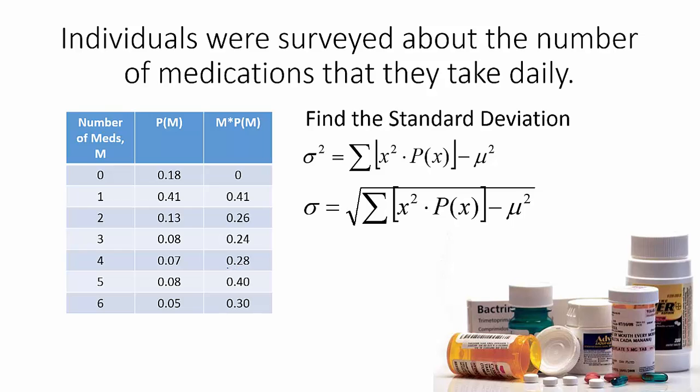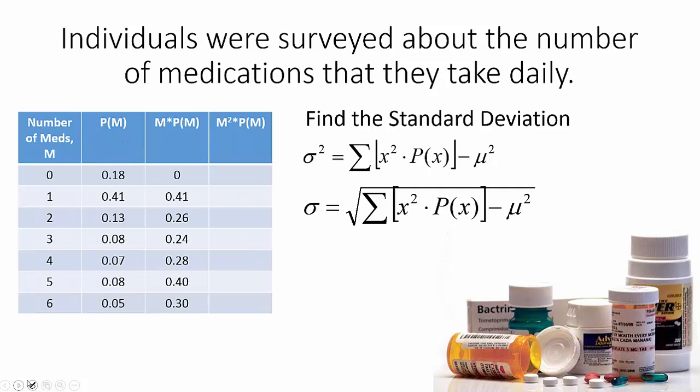What I'm going to do is I'm once again going to add another column to my chart, and in that column I'm going to calculate these things here in the bracket. So I'm going to take the x squared, which in our case is the m, because that's our variable, and multiply it times the probability of that variable m. So add some room in my chart. And I am going to take some time to just do some writing here so that you see how it all works.